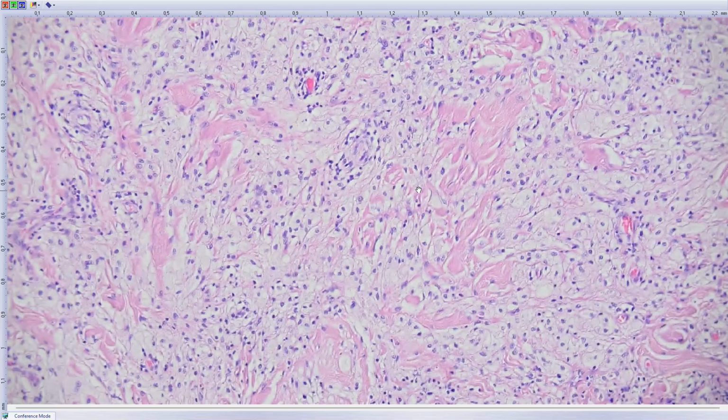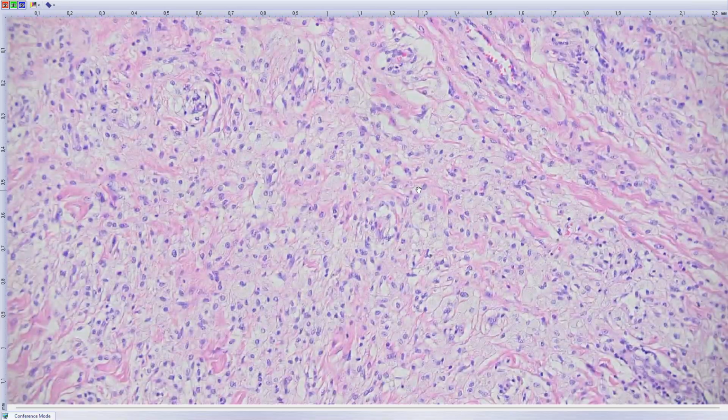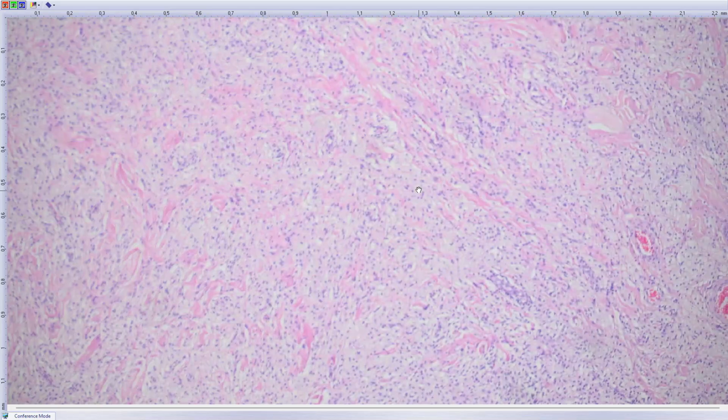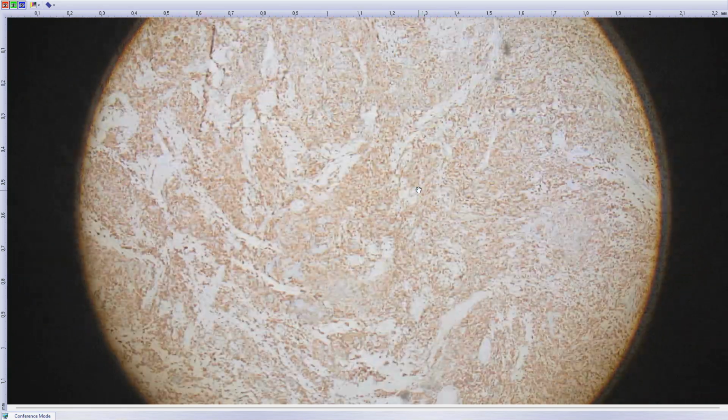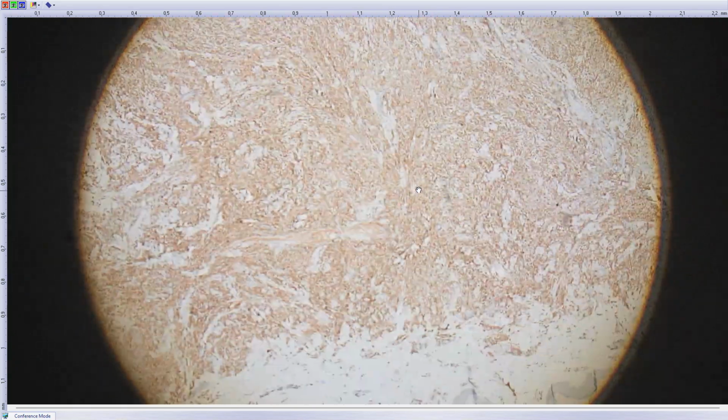Well, still, we did S100 and SOX10, which are negative. And instead, the histiocytic markers are diffusely positive like this. So basically all the cells in question are diffusely positive for histiocytic markers.